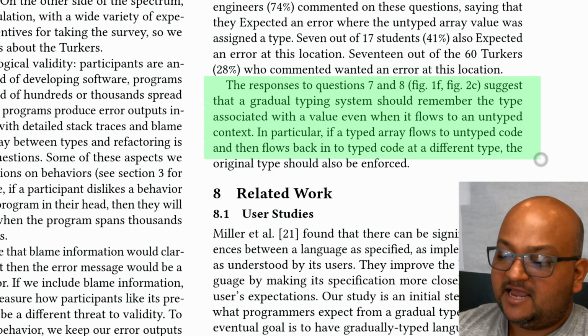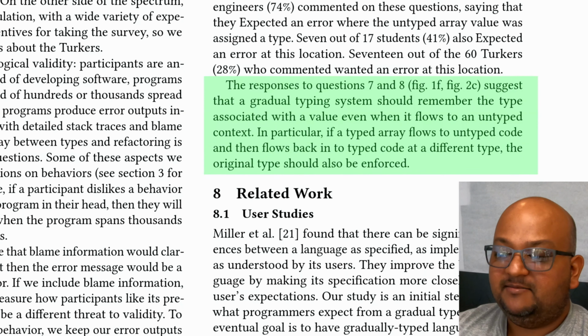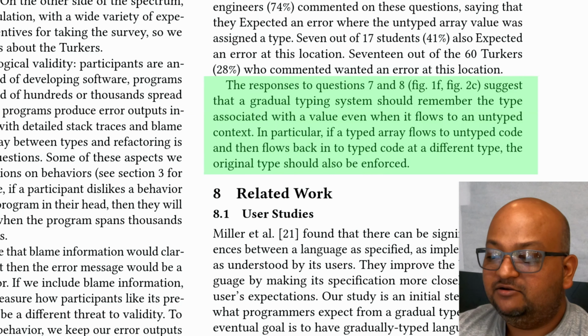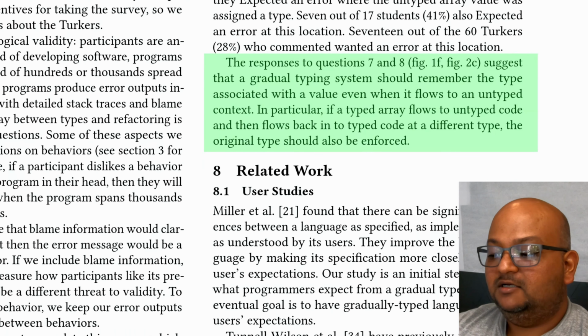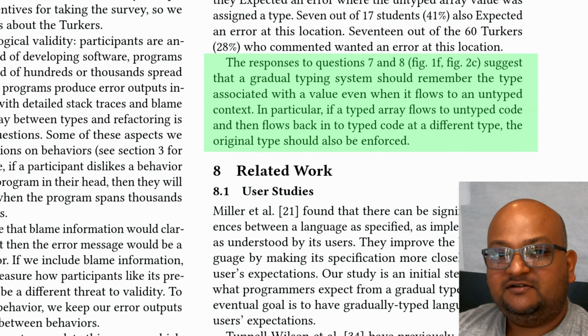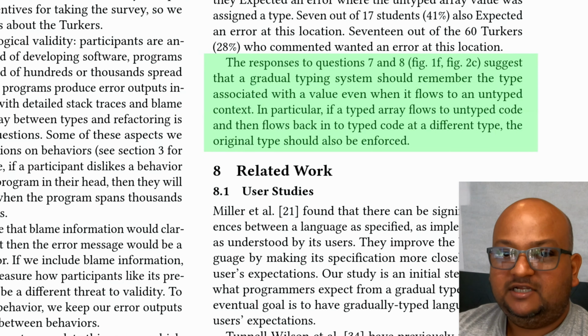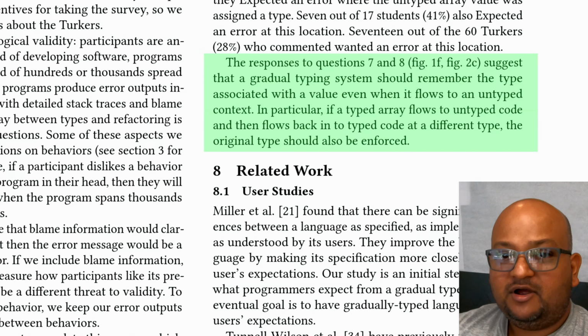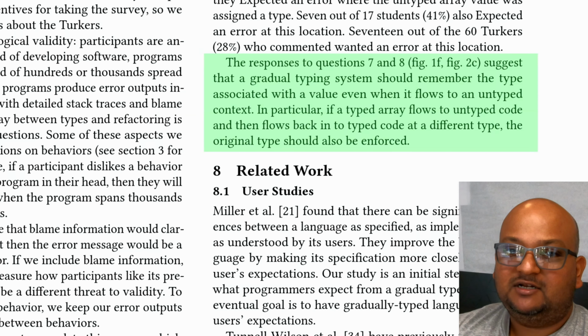Developers have the expectation that a gradual typing system should remember the type associated with the value even when it flows to an untyped context. So that was a look at a very broad classification of gradually typed programming languages and what programmers feel about various points in the design space for gradual typing.